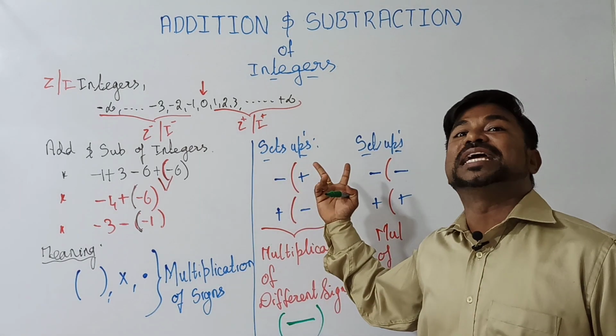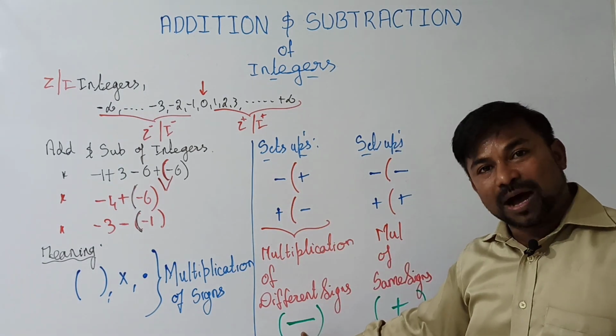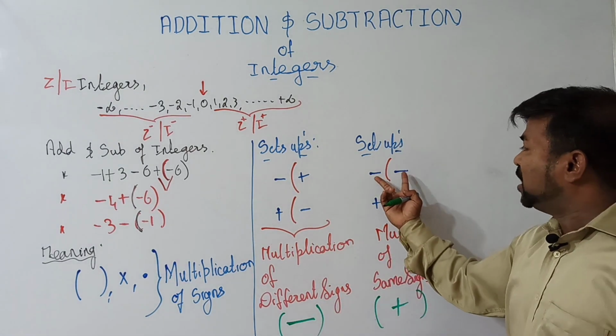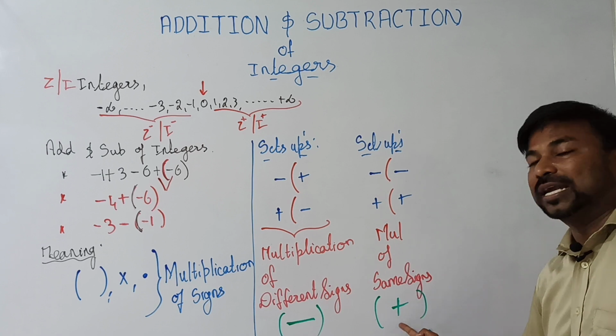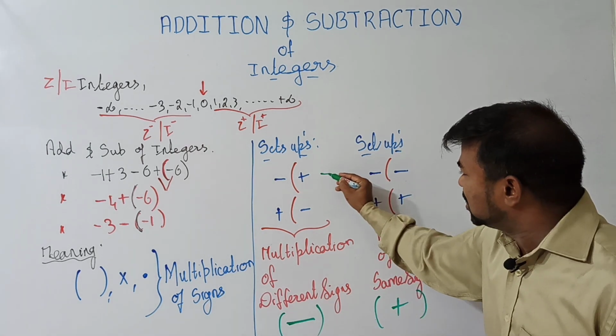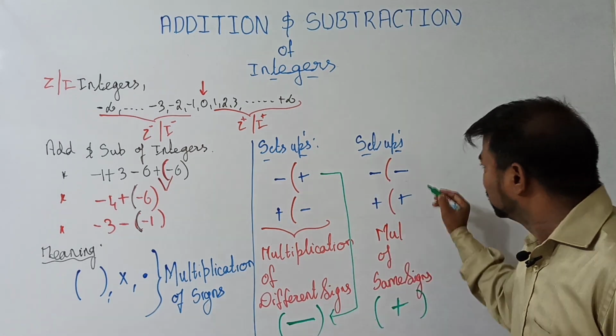Whenever we are multiplying different signs we'll be getting minus, and whenever we are multiplying same signs we'll be getting plus.